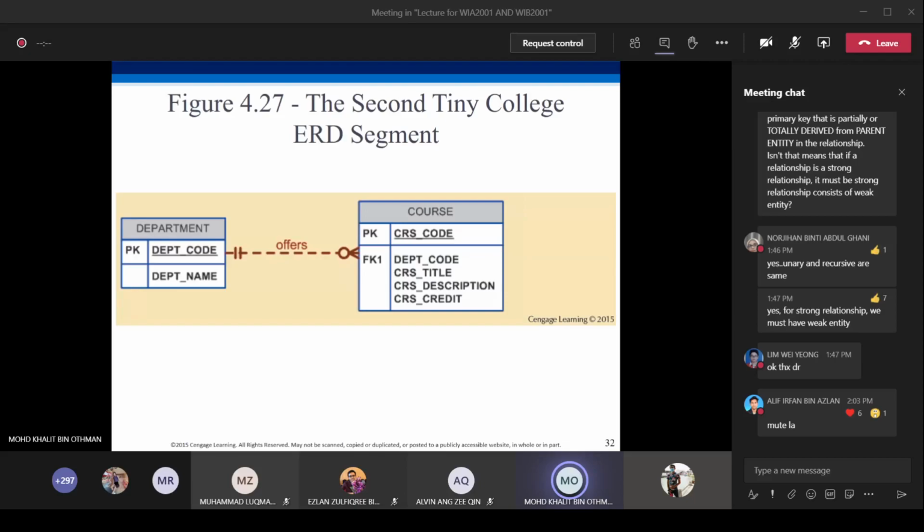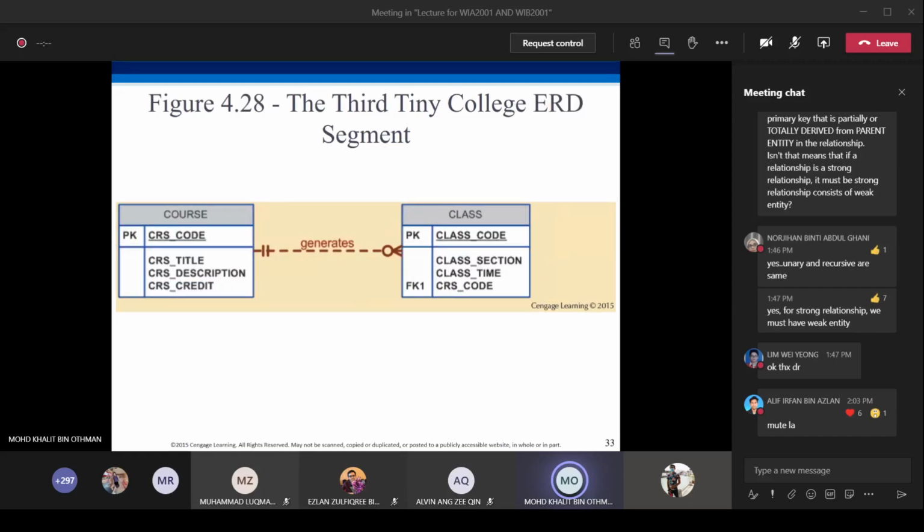The relationship between department and course is that a department offers a course. This is an example of a relationship. And then here we have a one-to-many relationship between department and course.